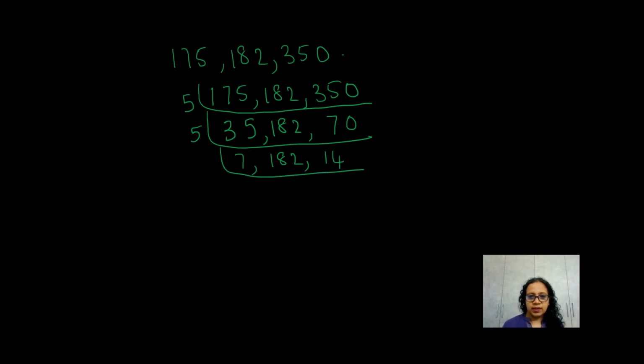Now we can see that 7 is a common factor of all three numbers. Now 2 is a common factor.